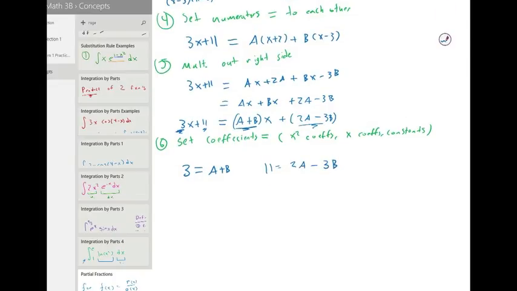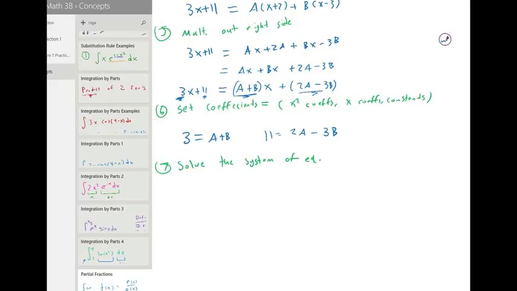Alright, and now we go back to some algebra. We solve the system of equations. I'll go through this pretty quickly. A is going to equal 3 - B, and we can plug this into our second equation.